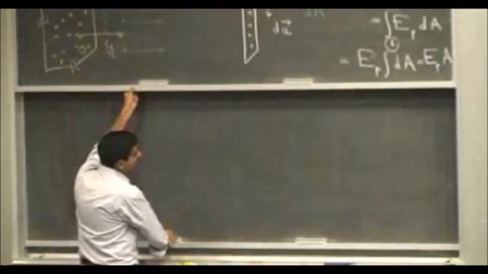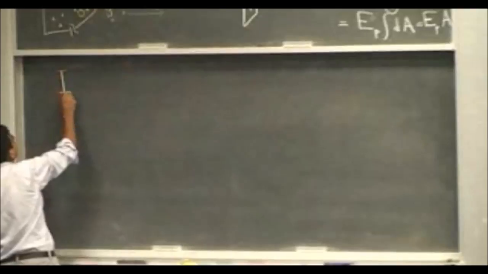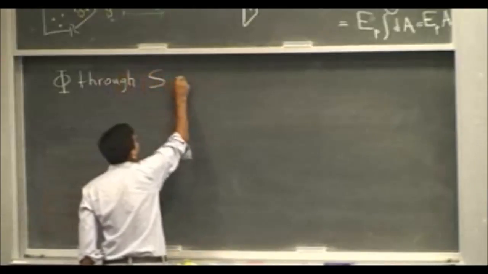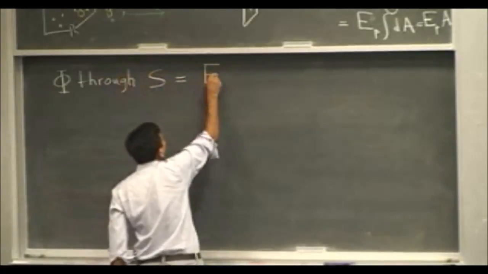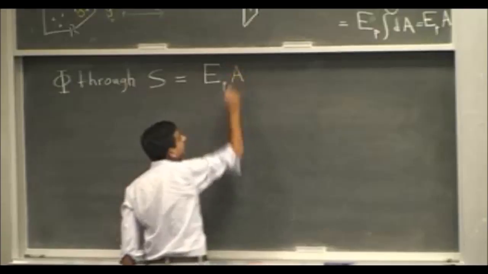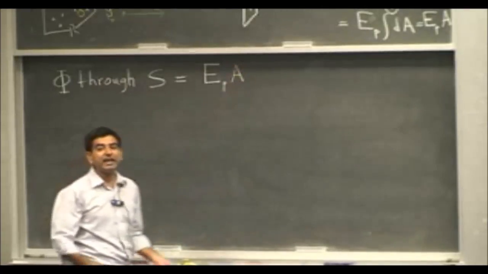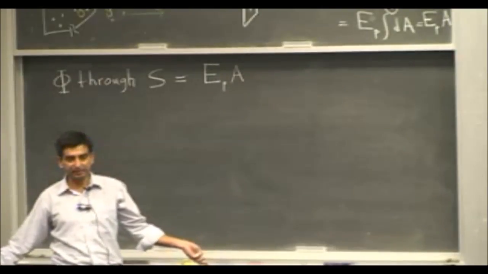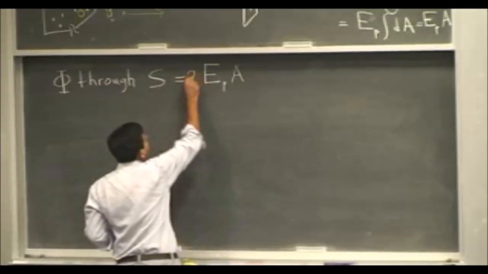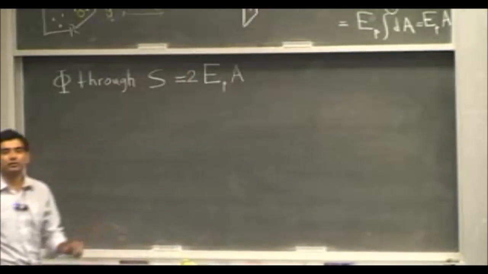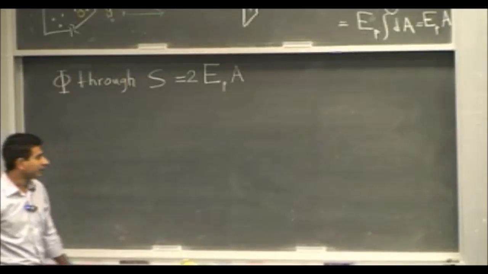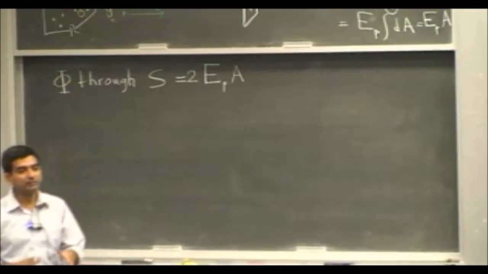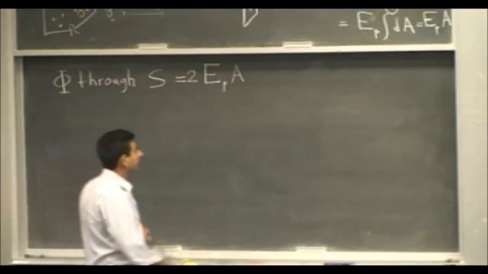Therefore, the flux through S is equal to EP A plus ER A. EP and ER have the same magnitude, so we can just call it EP. EPA plus EPA is 2EPA. So this is the total flux through this curved surface. Now, by virtue of Gauss's law, what should this equal to? It should equal the charge enclosed by this Gaussian surface divided by epsilon naught.